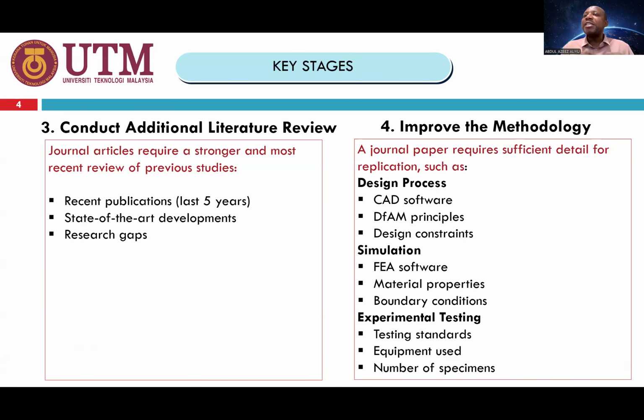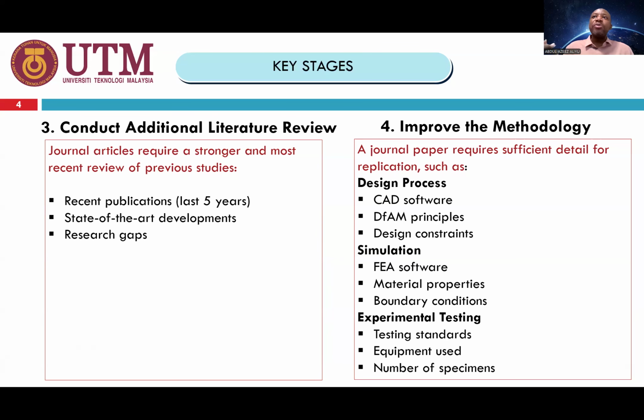in producing such a result to have a similar or the same work. If you are using a design process, you need to explain in detail the software you use, here is CAD, the software, design principles, design constraints. All this needs to be explained in a journal or conference paper.